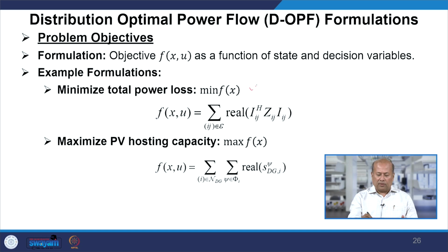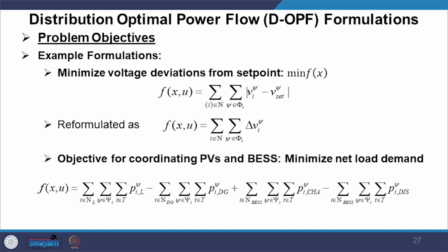Now, distribution optimal power flow formulations, again we can define as minimization of total power loss, or we can have maximization of PV hosting capacity, and they can be defined in any form as a minimization or maximization problem. We can also define it as minimizing the voltage deviation from set points. That means you do not want to experience a major voltage deviation from the reference point. And similarly, we can also have an objective that minimizes net load demand.